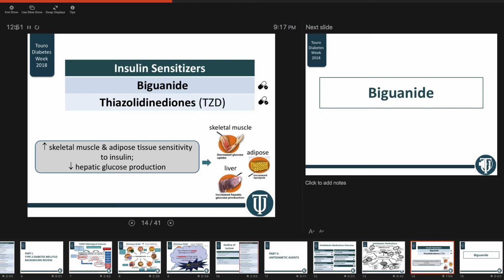They make the specific tissues, that would be adipose tissue and skeletal muscle, more sensitive to insulin. Secondarily, they help to reduce the liver's glucose production. Collectively, as I mentioned earlier, these two classes of drugs target three core defects: the skeletal muscle, adipose tissue, and the liver.